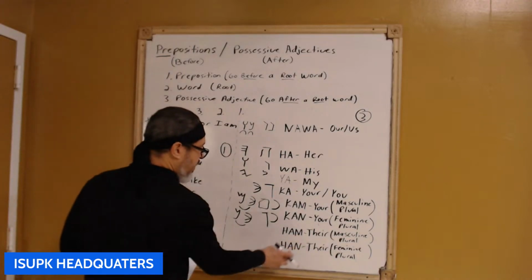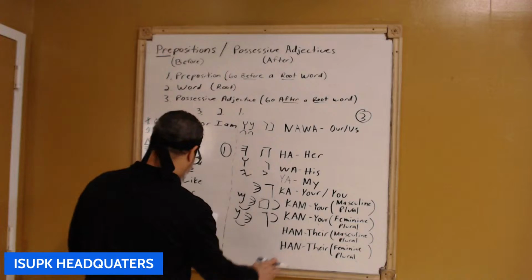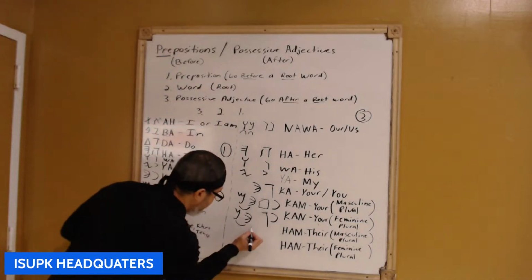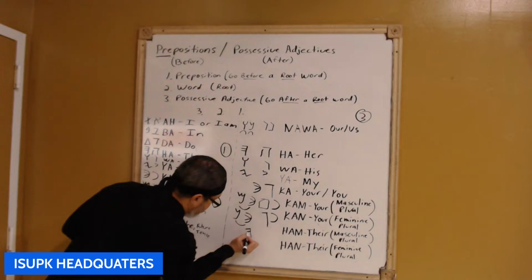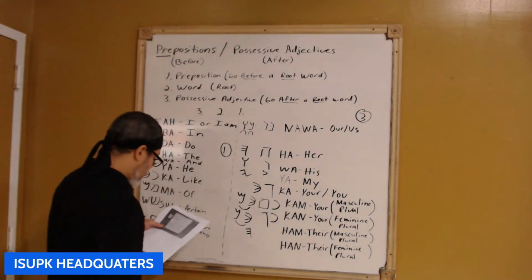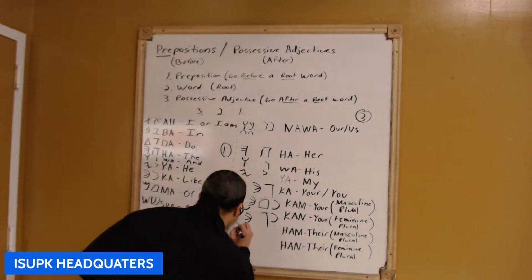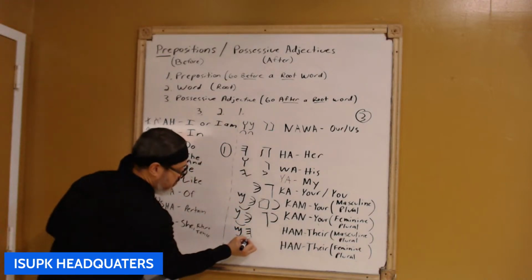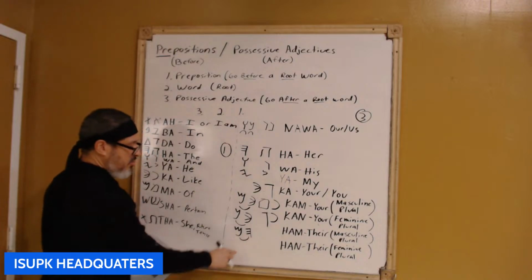Now we have ham and han. So we have the ha sound. Ha. And the M. Hum. One syllable.